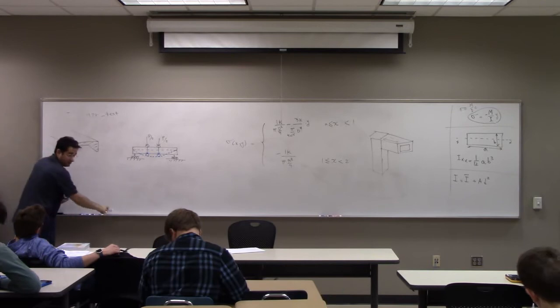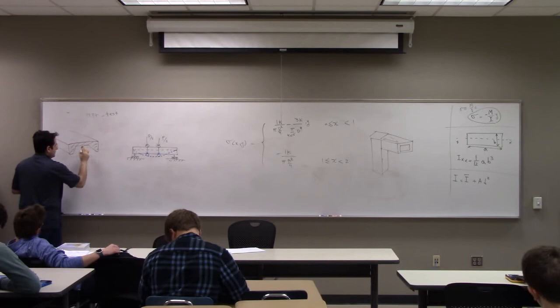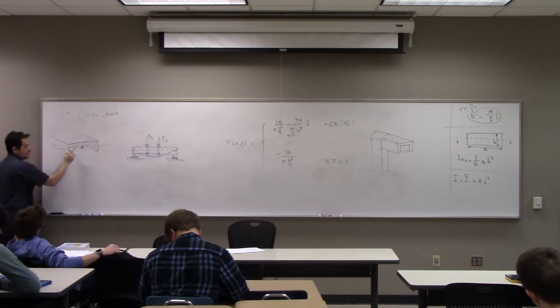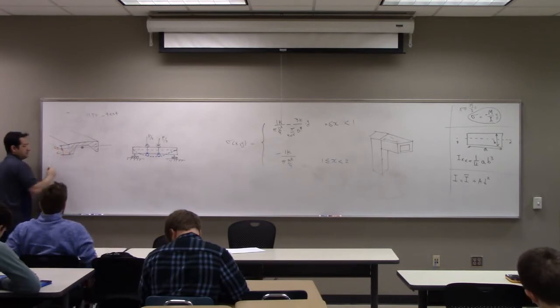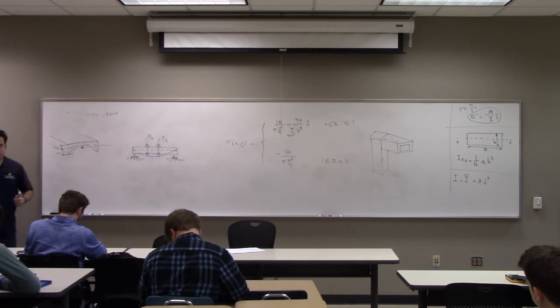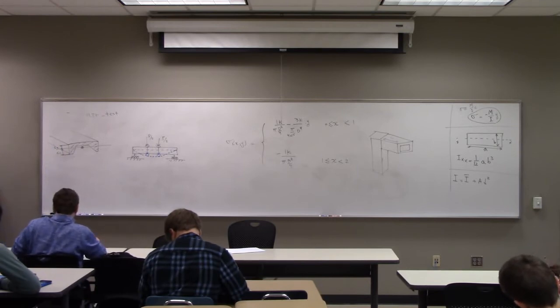Assuming that you know the centroid. So let's say here is the centroid. From here to here is C1. From here to here is C2. C1 and C2 are measured and given to you.